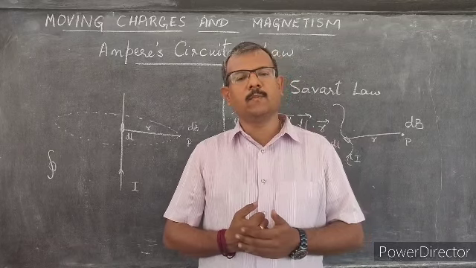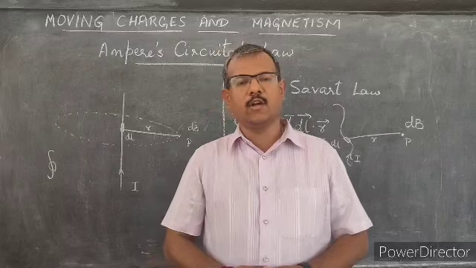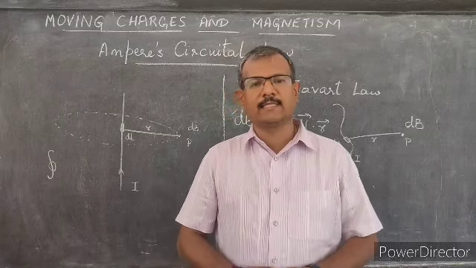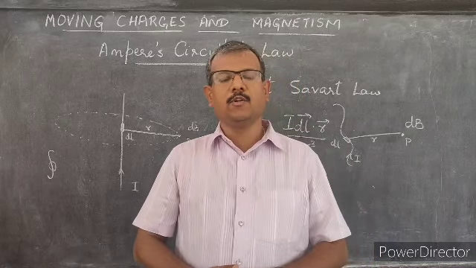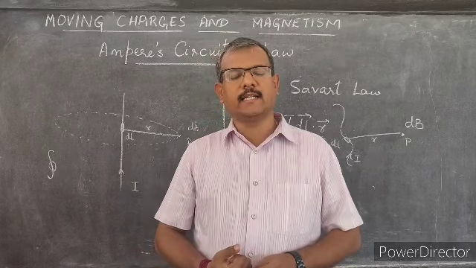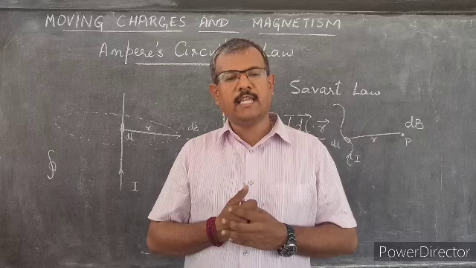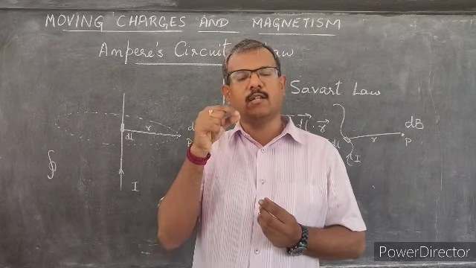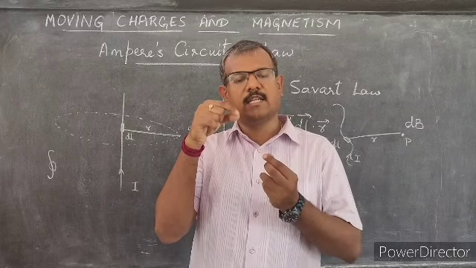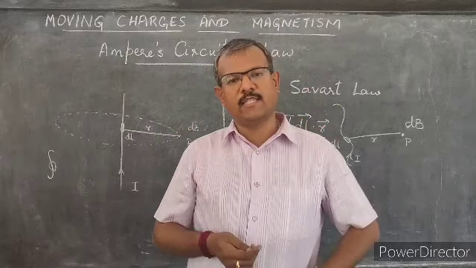So for example, if you go back to our discussions of the Gauss law, in the Gauss law we wanted to find out what the electrical flux is due to a point charge inside an enclosed space. In which case we found out what the field or the flux is at one point on the surface due to this enclosed charge, and then we took the integral for the entire surface area.